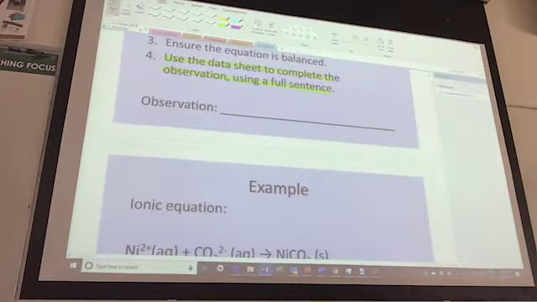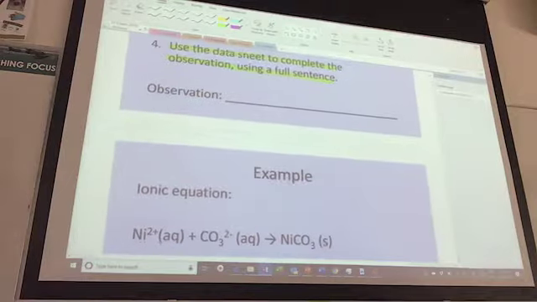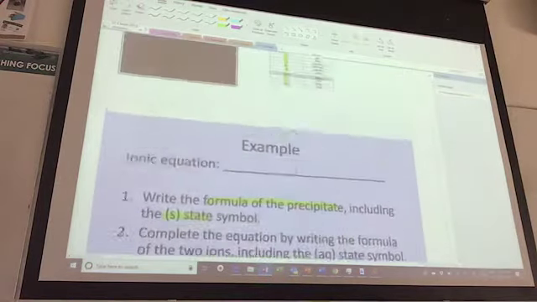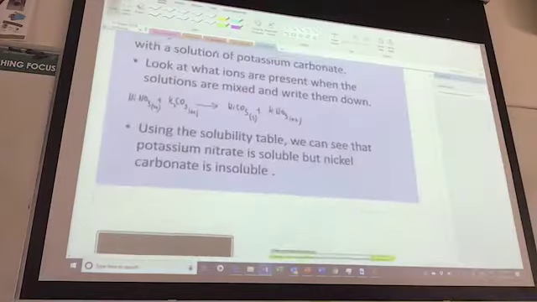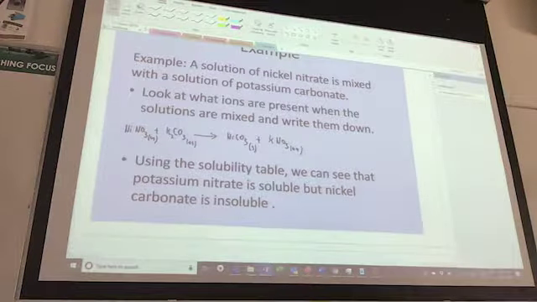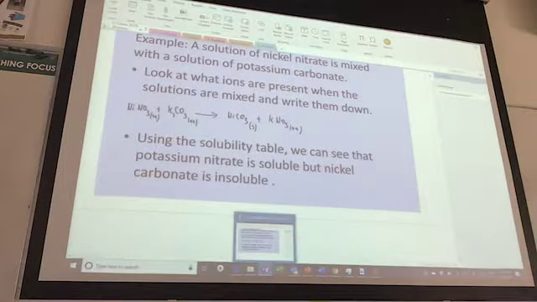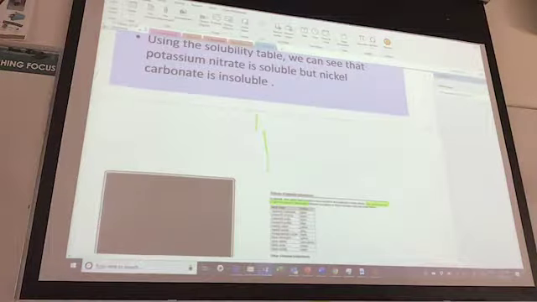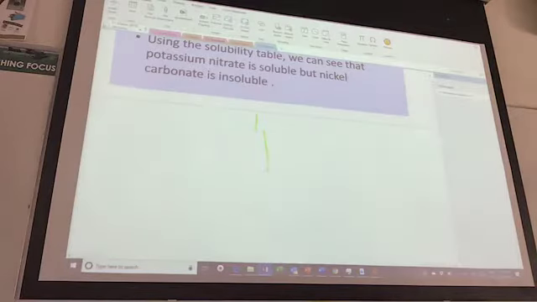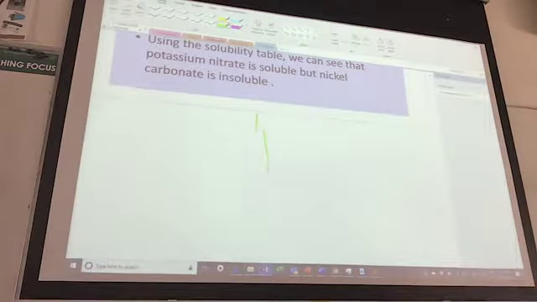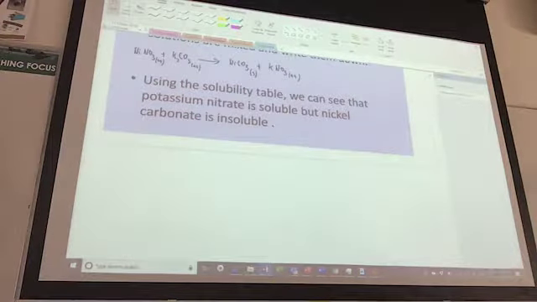So let's talk about ionic equations. Let's go back to the equation that we dealt with before, which is nickel nitrate. I'm just going to make some space in here, sorry. So we've got nickel nitrate.